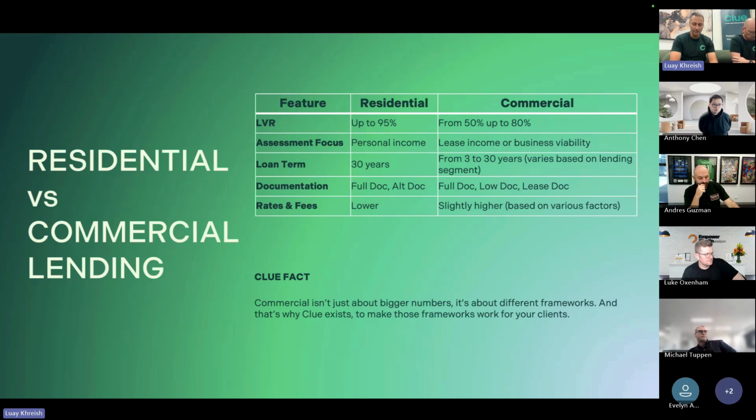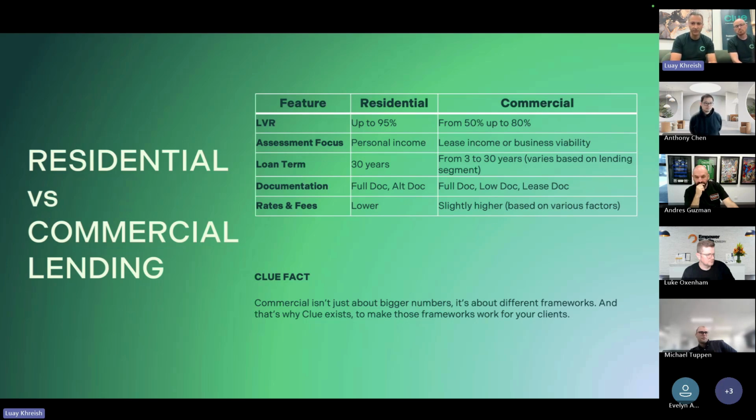The traditional LVR for commercial starts at about 65% for standard commercial property, which we'll cover off later in the preso. But traditionally, 65% is where it started. 50 is more for specialized assets, and 80% will get you, for your standard commercial properties in certain segments of the bank, typically in the owner occupied space, but also typically in that SME segment.